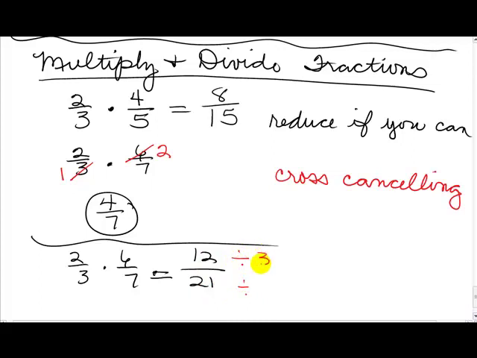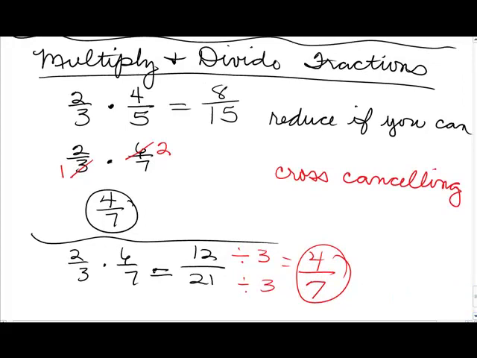They both can be divided by 3. 7's prime. 4 doesn't go into it, so then you know that that is reduced. But either way, you've got to reduce. Either do it before with the cross canceling or after with the guess and check. If it's a really large number, then use that prime factorization method.